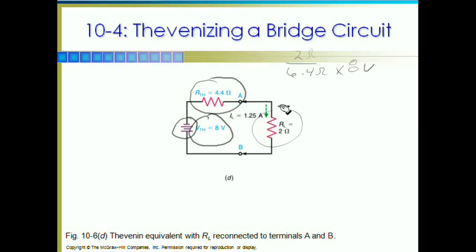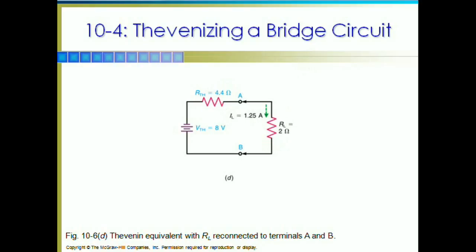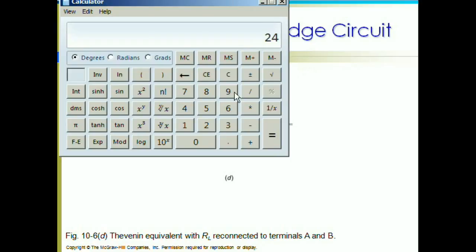The effect my load will have is it will draw two divided by 6.4 equals... times 8 equals 2.5 volts.